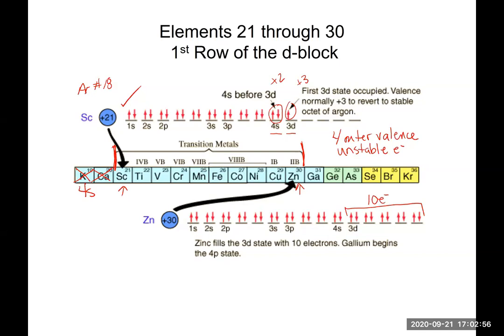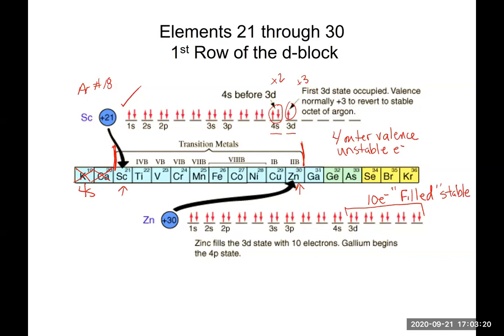And it turns out when you have filled or half filled, so I'm going to write filled on this one because it's filled. When you have a filled D block or half filled, and this goes for other orbitals as well, filled is very stable.